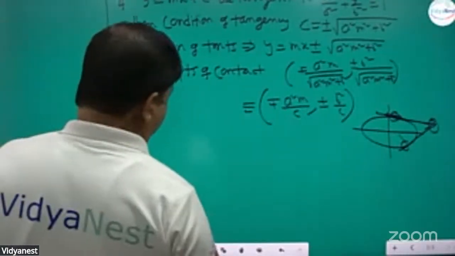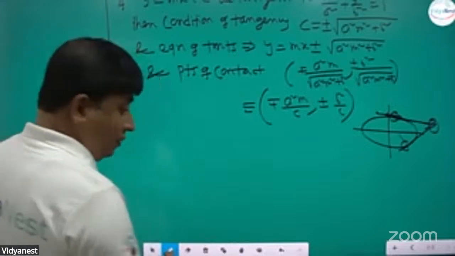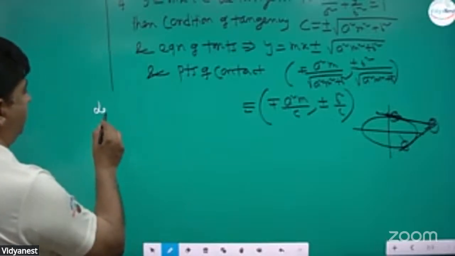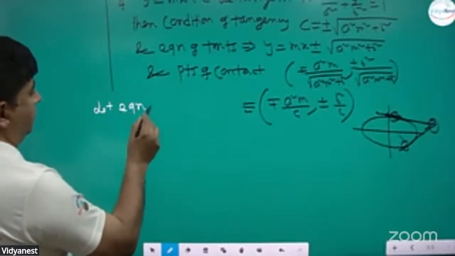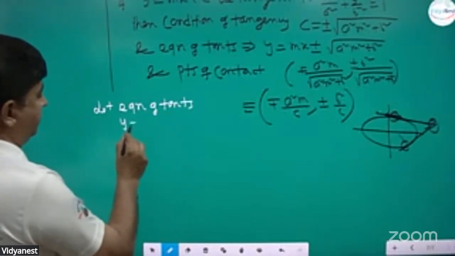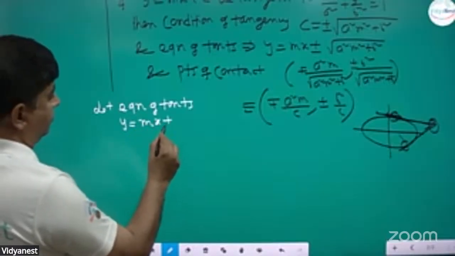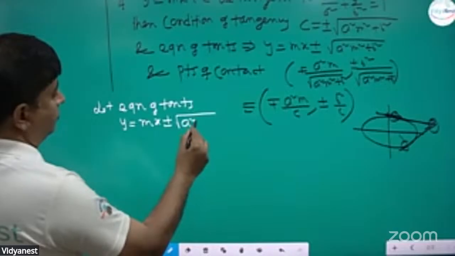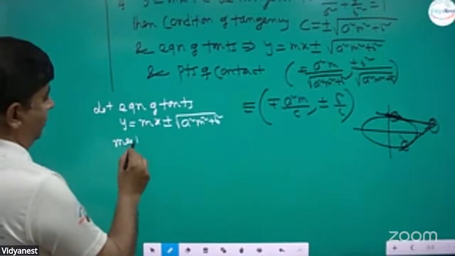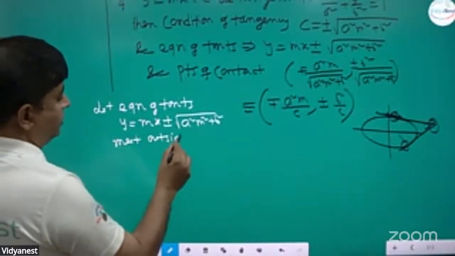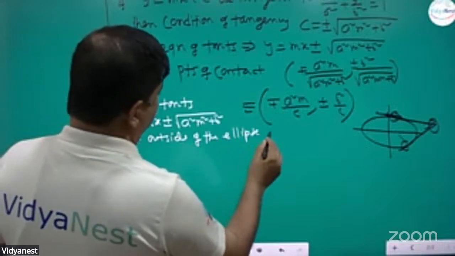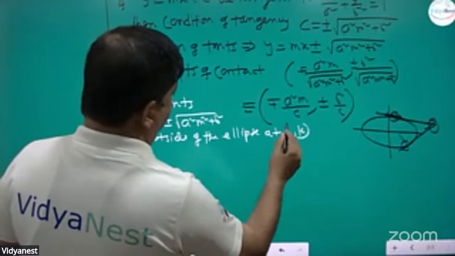Now, the next part is: let the equation of tangents we have got meet outside of the ellipse at h, k, like this.